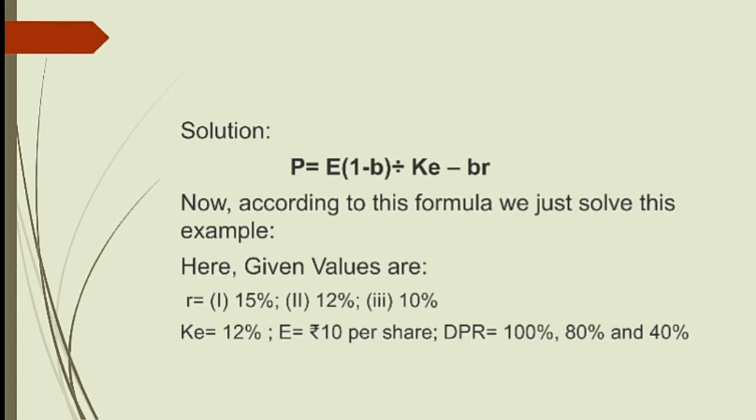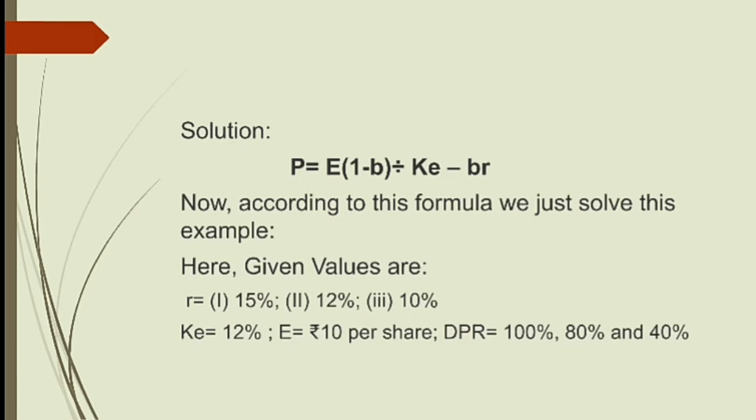We get it by subtracting the dividend payout ratio from 1. R is the required rate of return on investment. As we already know the formula, we now solve this example.